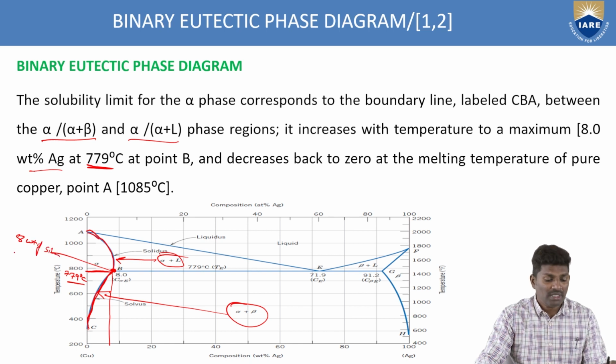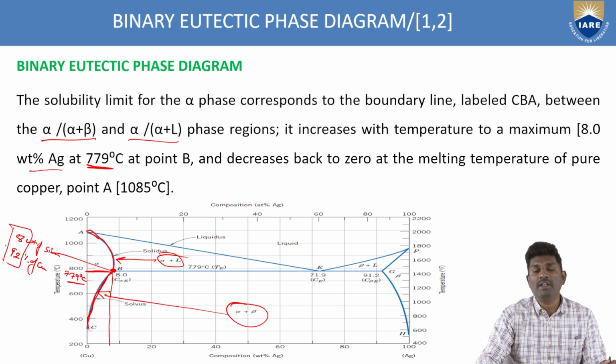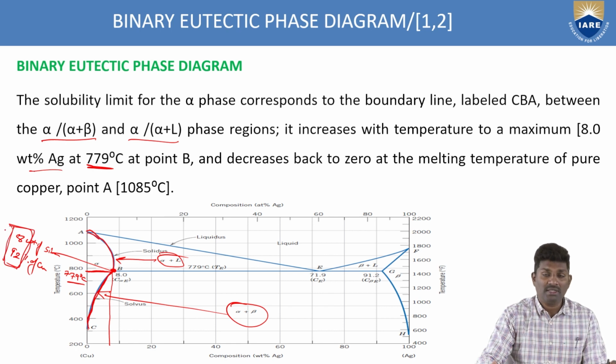And what is the remaining? 92 percent of copper. So like this, you have to balance. At any point along the phase diagram, it has to be balanced. It has to be 100 weight percent of both. Why? Because this is a binary eutectic system, wherever the composition is seen, it should be 100 weight percent. So at this point, you have 8 percent of silver, so the remaining will be 92 weight percent of copper.